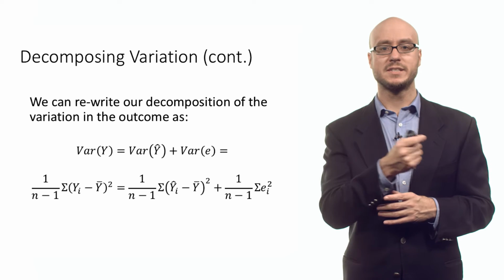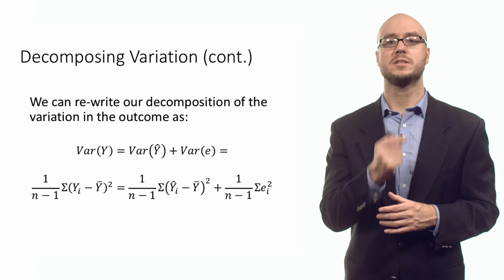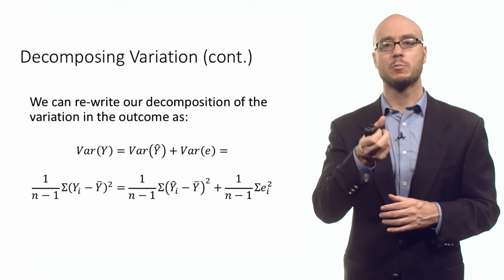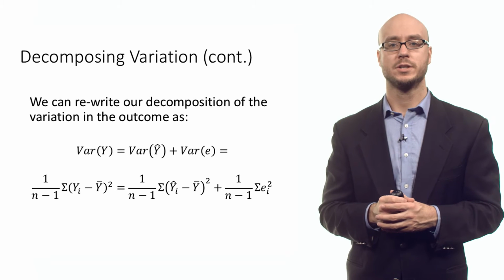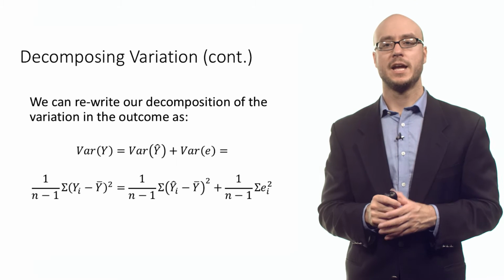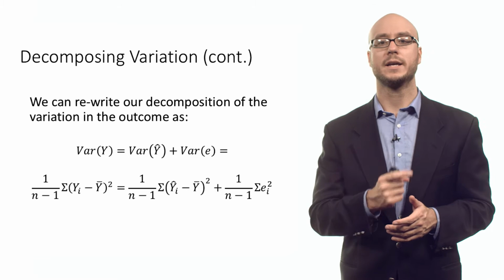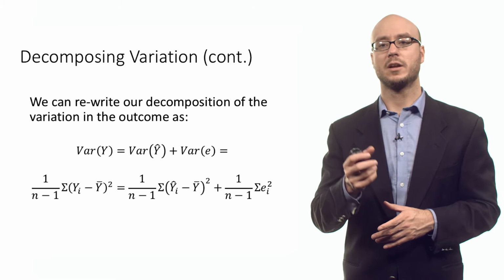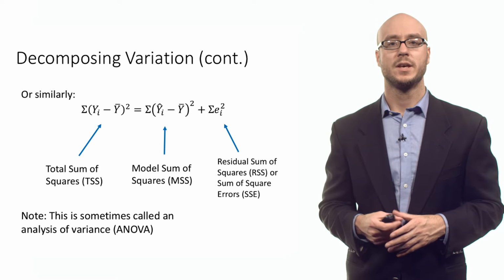So for the total variation, we're looking at the distances of the raw values of y around the mean of y, and we're squaring those, and we're calculating in essence an average of these squared deviations. And for the y hats, the variance of the y hat, we're still using the mean of y as our benchmark. And then we can also calculate the variance of the errors or residuals.